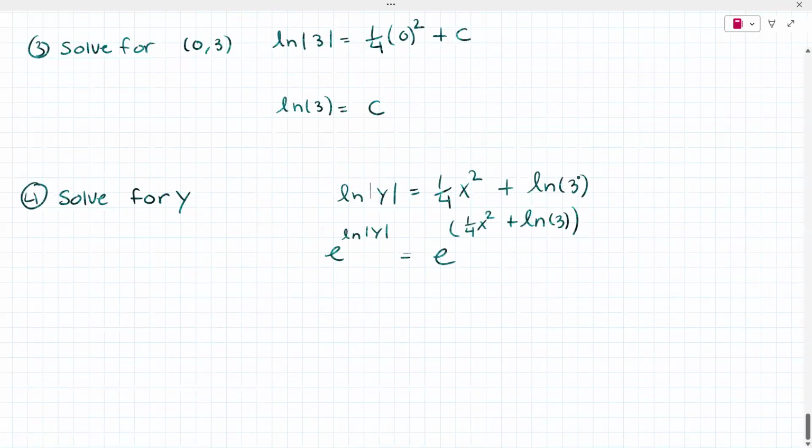Over here, e and ln cancel because they're inverses, so you're just left with absolute value y, or really just y. On the right, we have e raised to the 1/4 x squared plus ln of 3. We simplify.